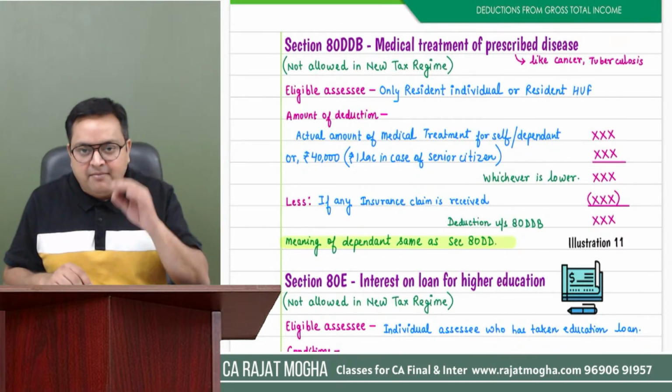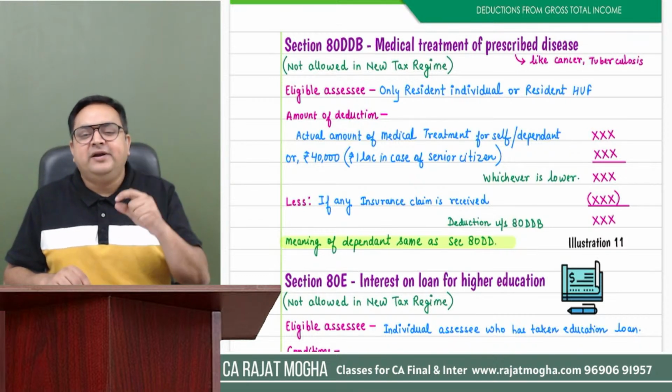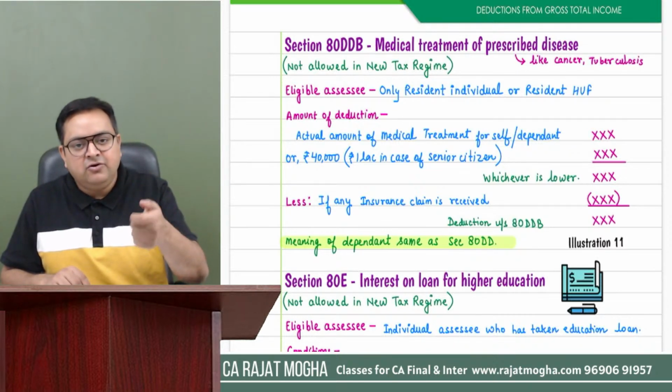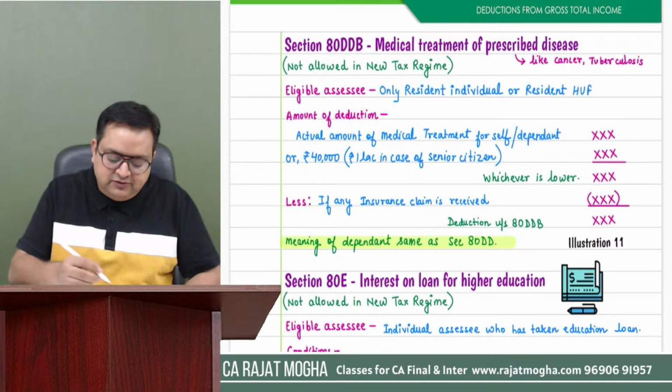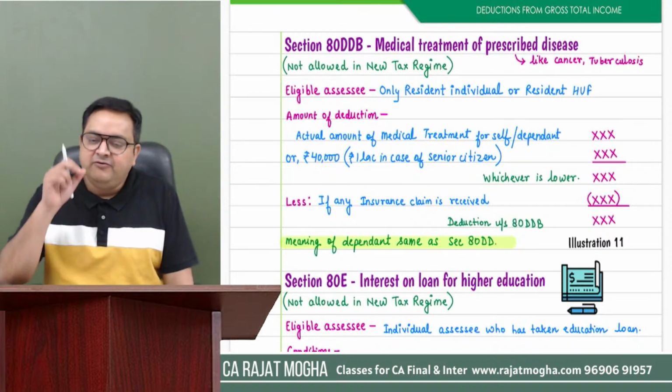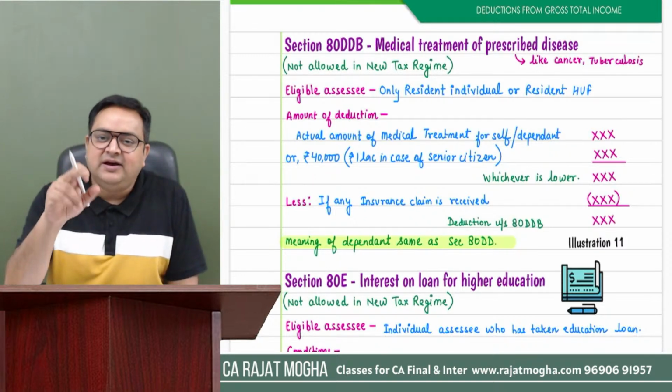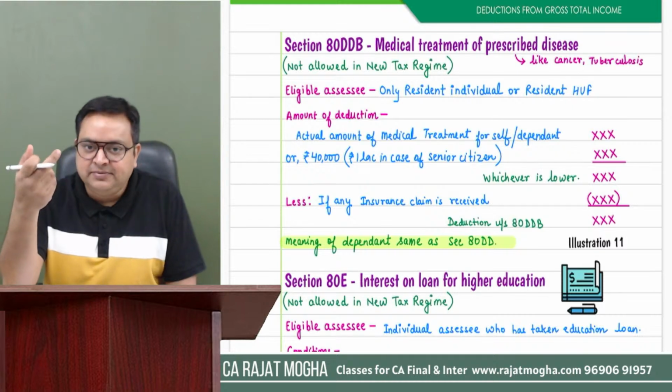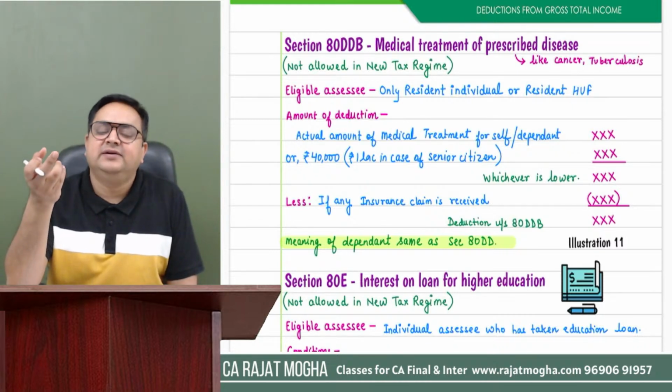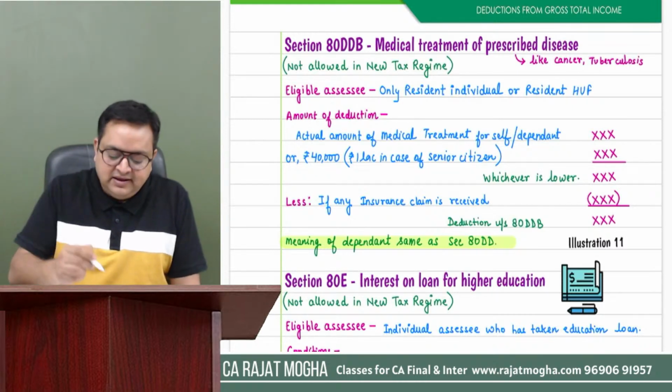But there is a restriction over here. Whatever is the amount which the assessee is incurring, or 40,000 rupees, whichever is lower. But in case the person for whom this expenditure is being made is a resident senior citizen, then this 40,000 limit will be increased to 1 lakh rupees.